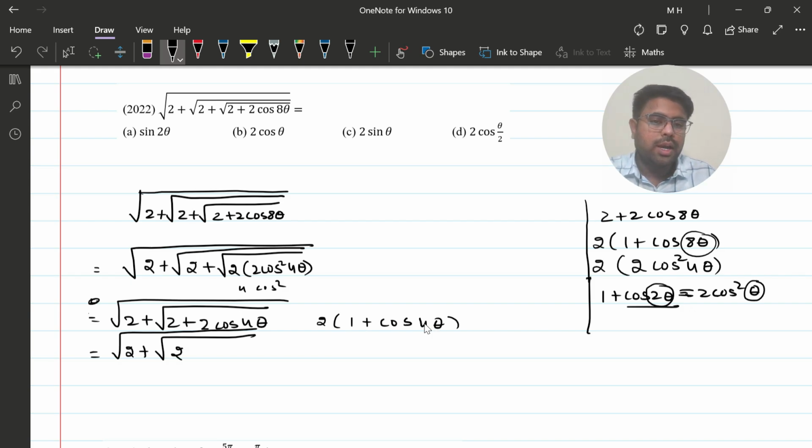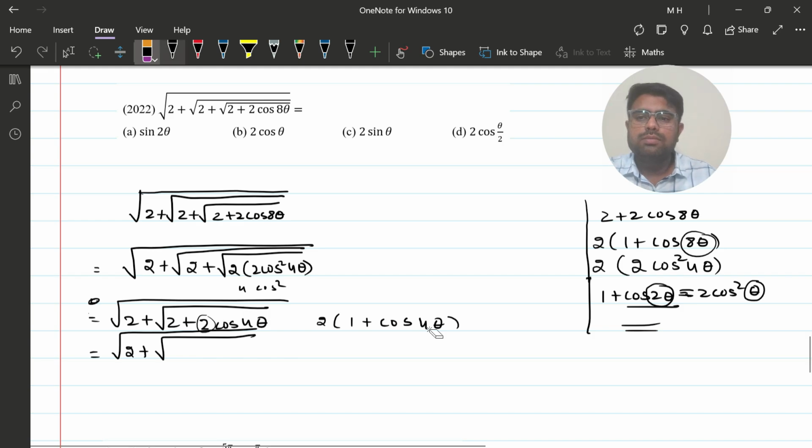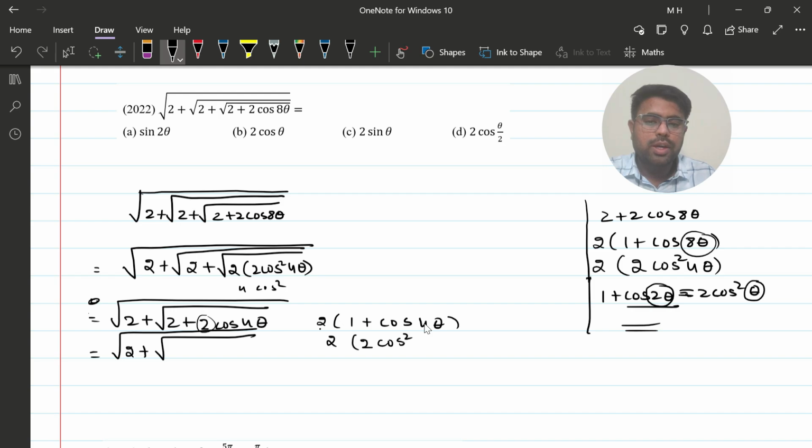So I have taken out 2, so it is going to be 2 times 2 cos square, the half of this is 2 theta, so it is going to be 4 cos square 2 theta, right?